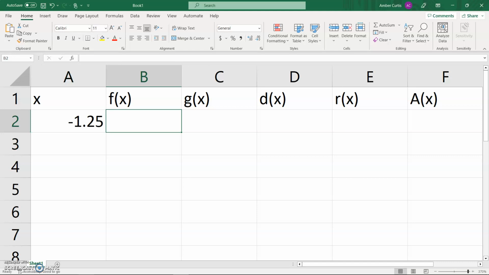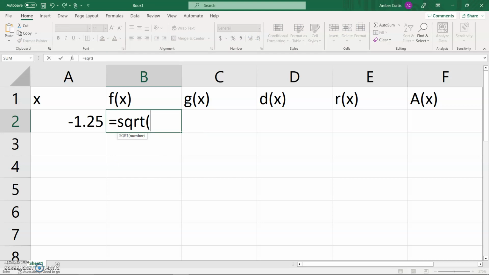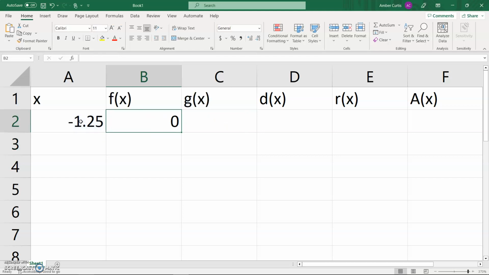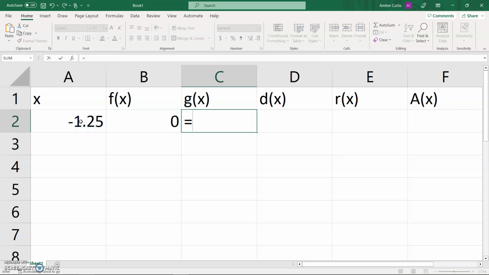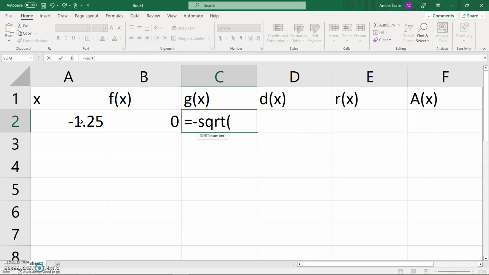My f of x function was equal to the square root of 1.25 squared minus each of my x values squared. So I'm going to tell it that. My g of x was equal to the negative square root of 1.25 squared minus my x value squared.